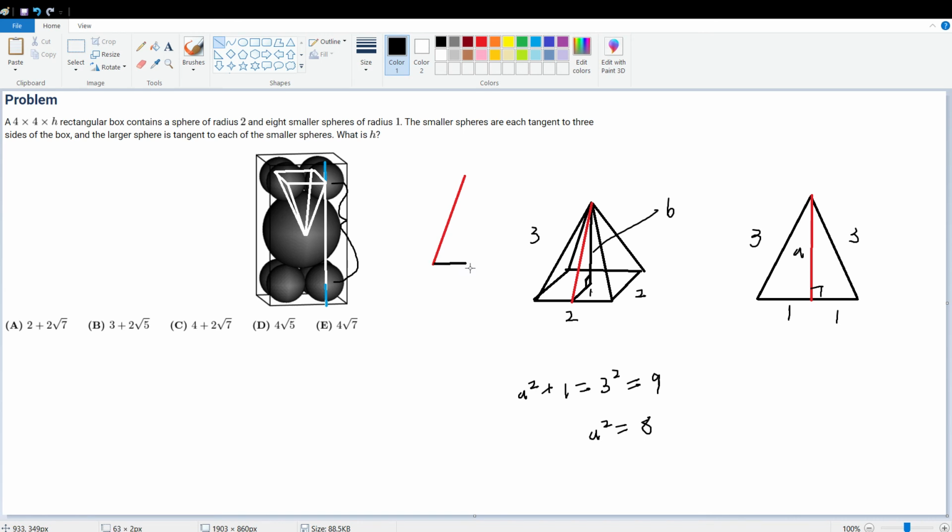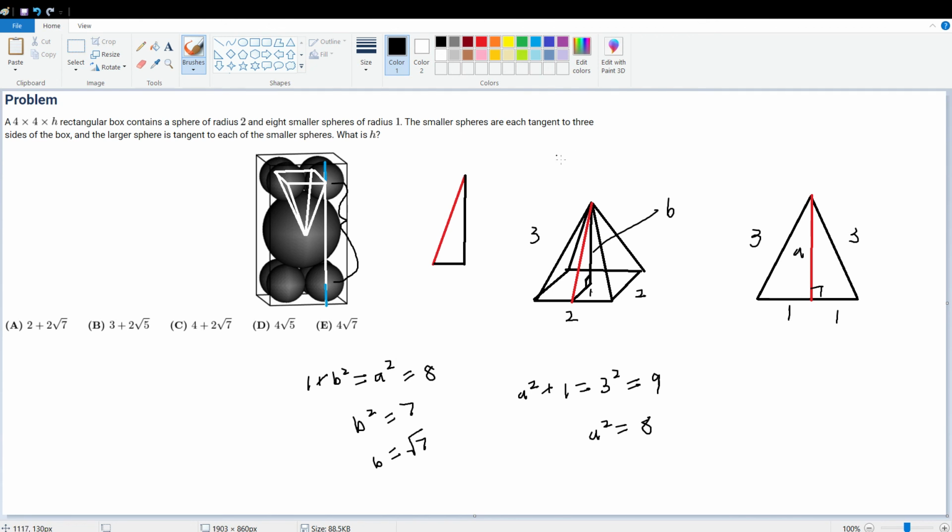We have this 1 that we mentioned, half of the side length of the square base, and then we have the altitude b that we are trying to find. So we can say that 1 squared plus b squared, which is what we're trying to find, is equal to a squared, or we can substitute a squared with just 8. And from there we can say that b squared is 7, and from there we can say that b is the square root of 7.